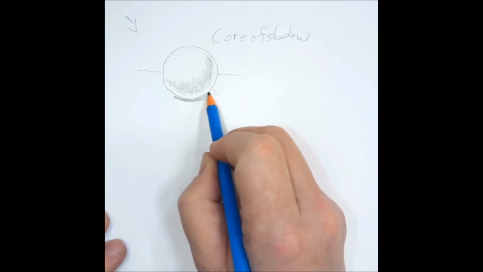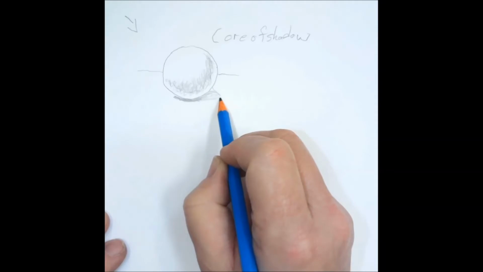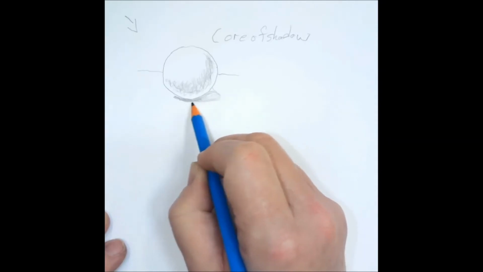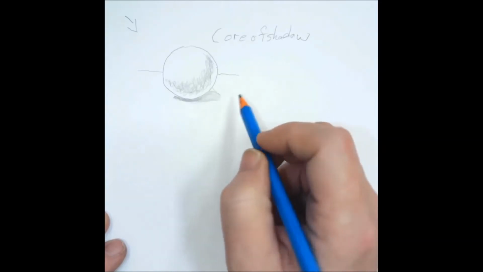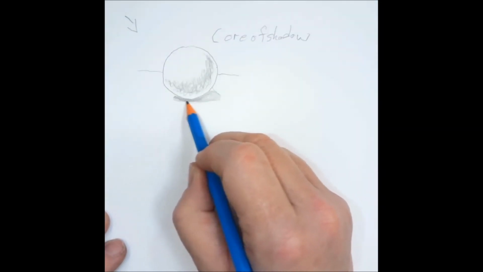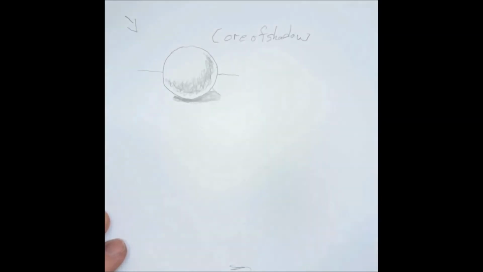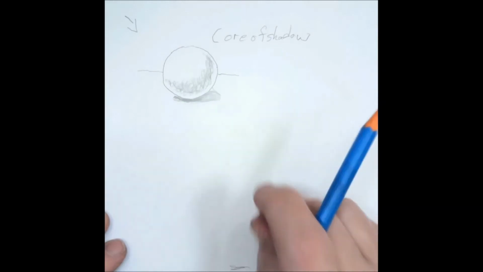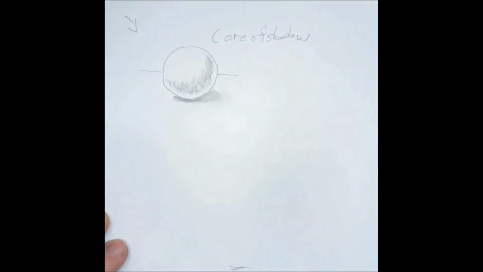And then you can bring the shadow out. If you want it to be a little more diffuse, then of course you can go back and smear it with your finger a little.